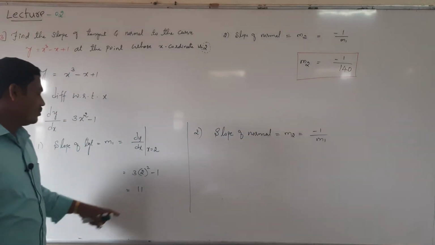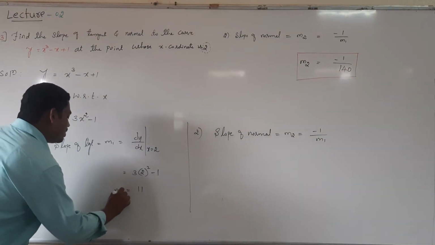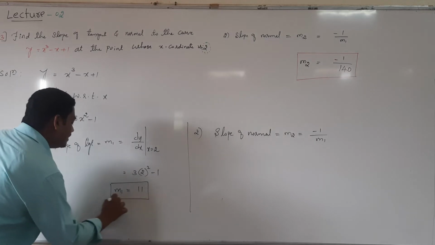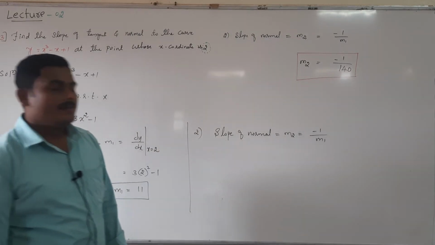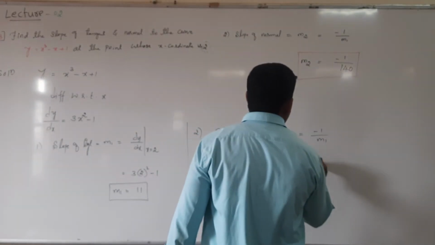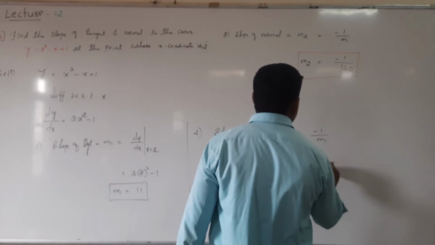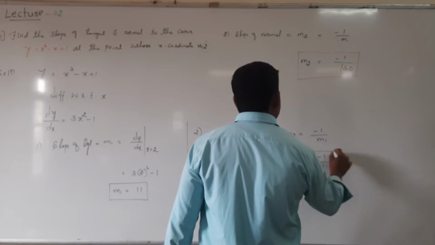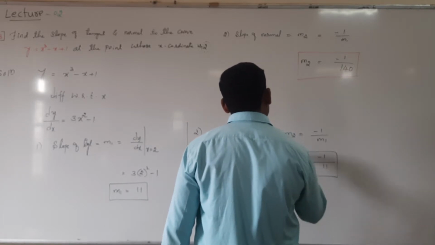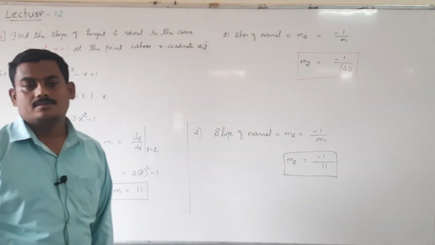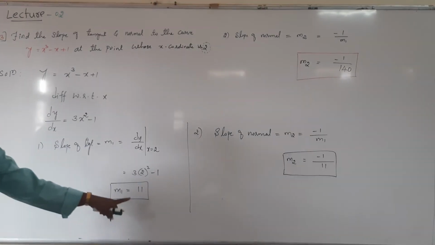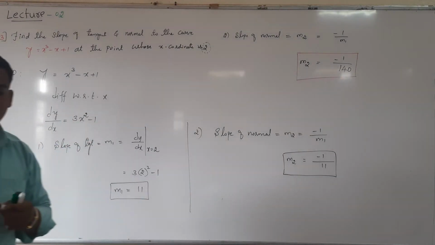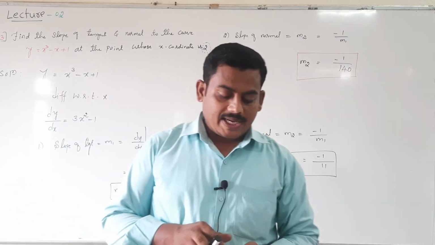Already we have the m1 value, that is the slope of the tangent line. So minus 1 divided by 11. Slope of normal line is minus 1 divided by 11. This is the slope of the tangent and slope of the normal. Look at the next question.